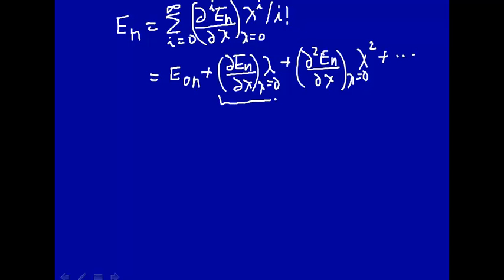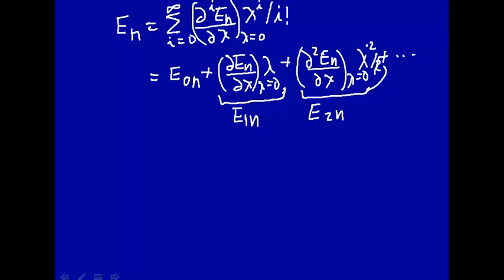And similarly to our notation before, let's call this E1n. This is the energy correction term you have to add to the unperturbed state for first order. We'll call this, there should be a 2 divided here, so we'll include the 2 in there, E2n.